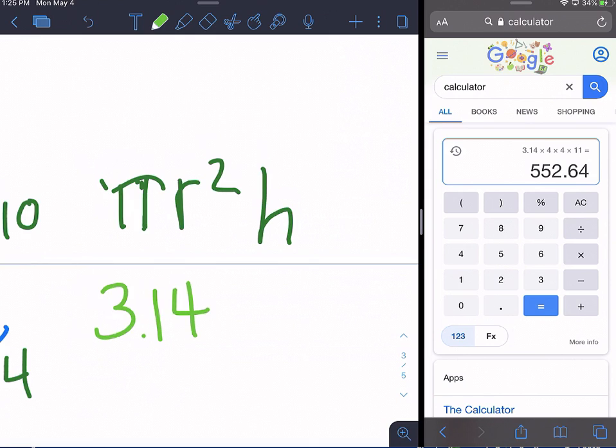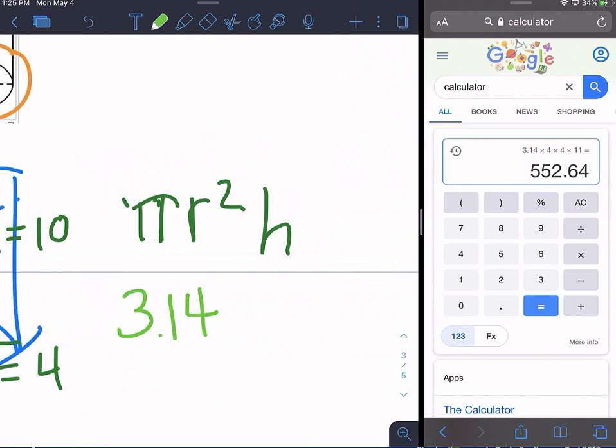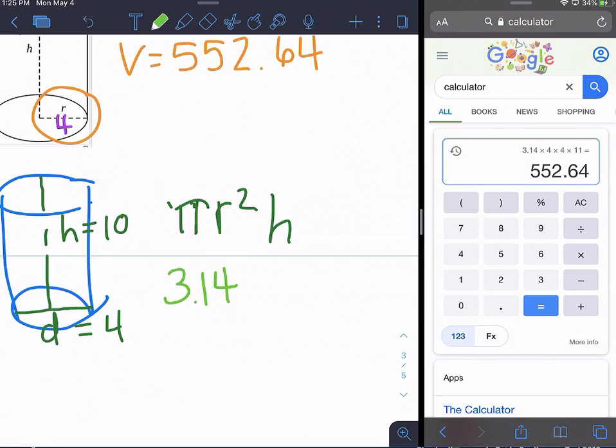The radius is not 4, the diameter's 4. So if the diameter's 4, the radius is 2. So we're going to do 2 squared, so 2 times 2, and then the height is 10. So you just have to be careful. Instead of doing 4 times 4, this time it would be 2 times 2.